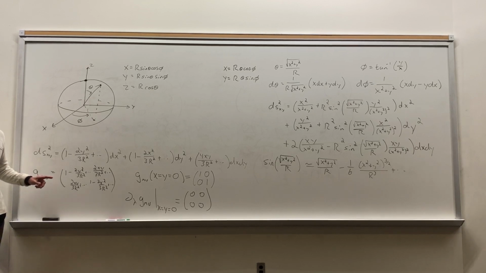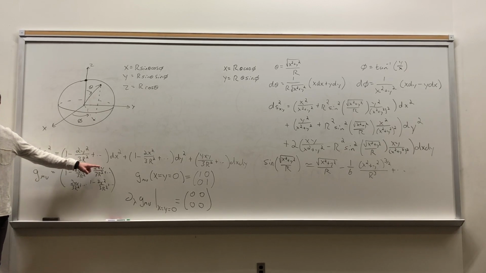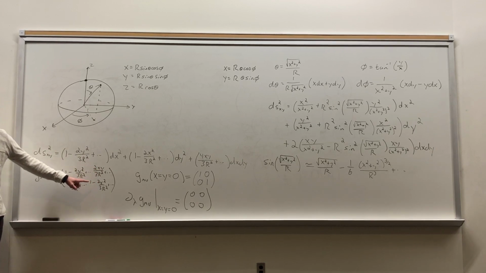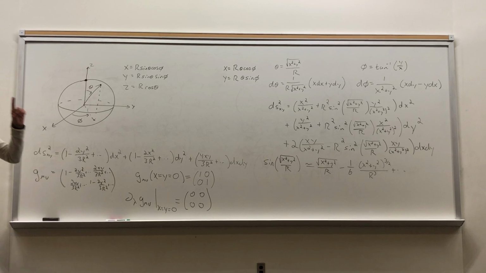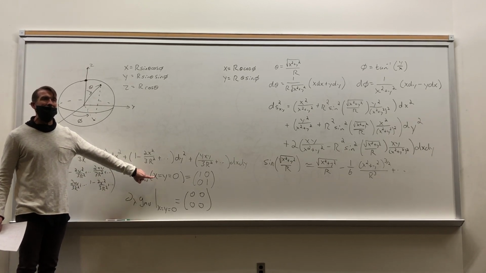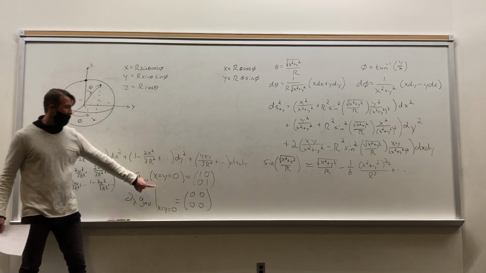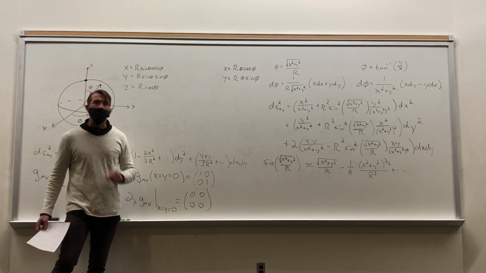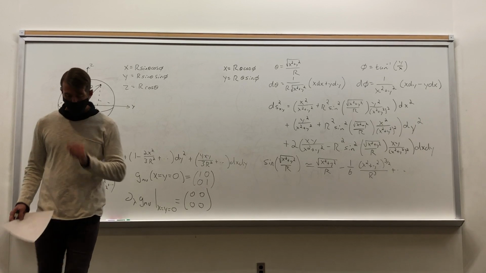So if you take the derivative once, you're going to have a y left here, an x or a y, depending what you take the derivative of here, and an x here. And then you set x, y equal to 0, so the whole thing becomes 0. As promised, in the local inertial coordinate system, the metric is locally flat, and the derivative of it is 0. All right?